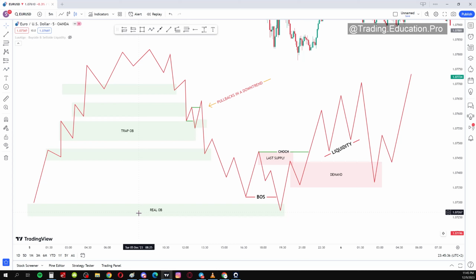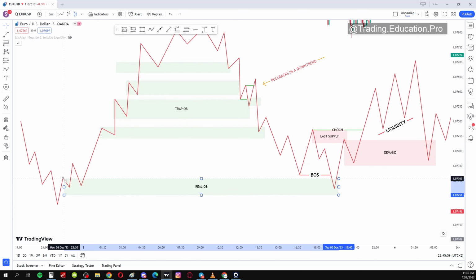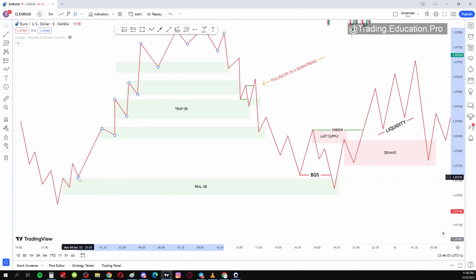And the real OB will probably look like, I don't know, we have something looking the same way here. We have a real OB here from some previous structure, okay?